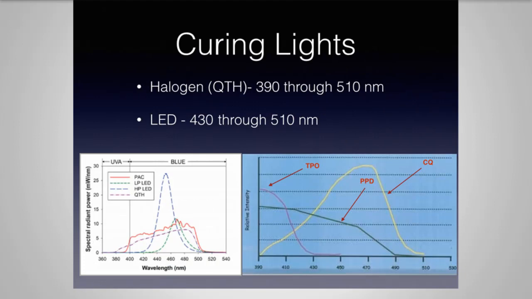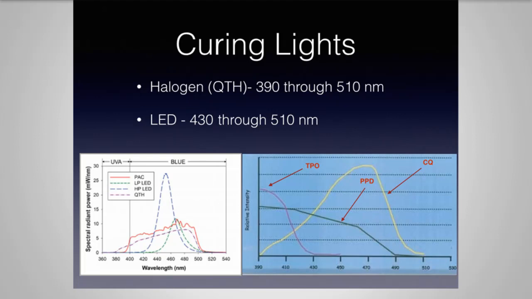Our curing lights, of course, have traditionally been the halogen, the QTH lights, which had a really wide range of curing light emission from 390 to 510 nanometers. And now today, most of us are using the LEDs, which have a bit of a narrower range of 430 to 510.